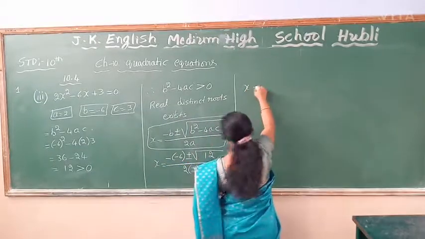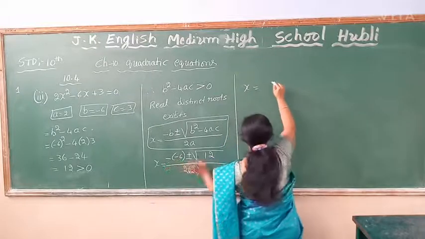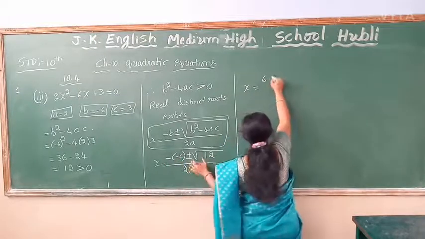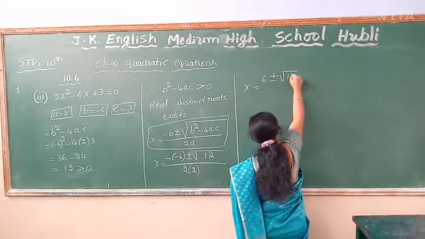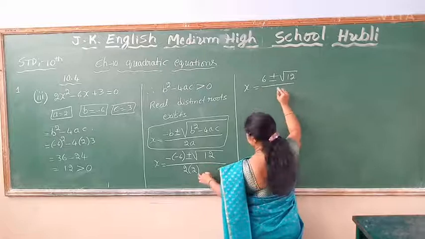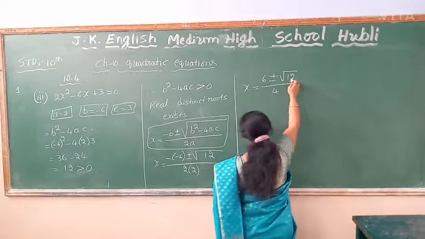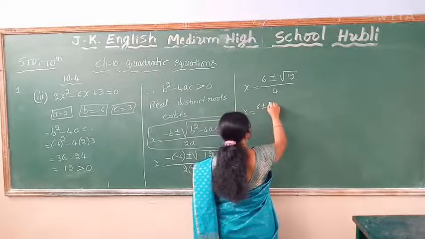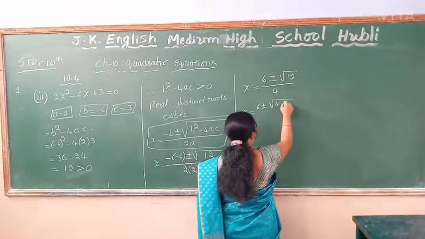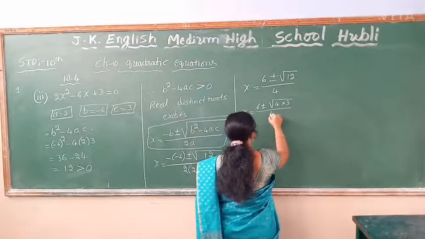x is equal to minus into minus, plus 6 plus or minus square root of 12 divided by 4. This I can split as x is equal to 6 plus or minus 4 into 3 divided by 4.